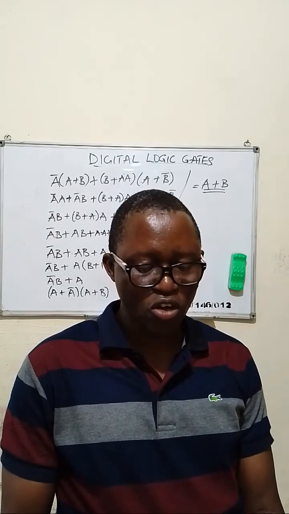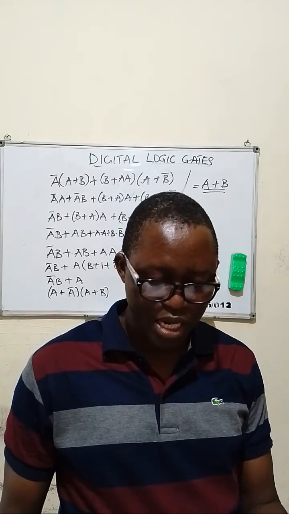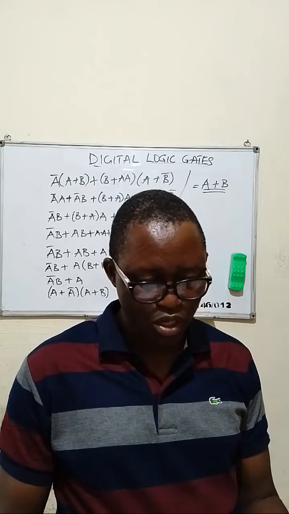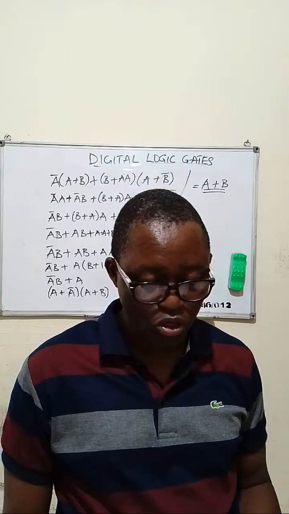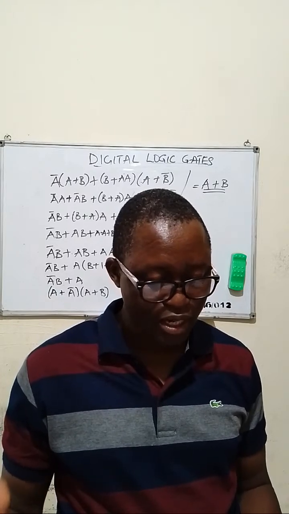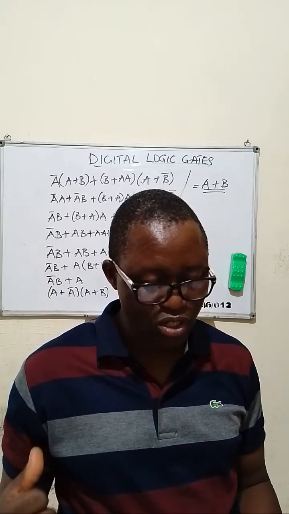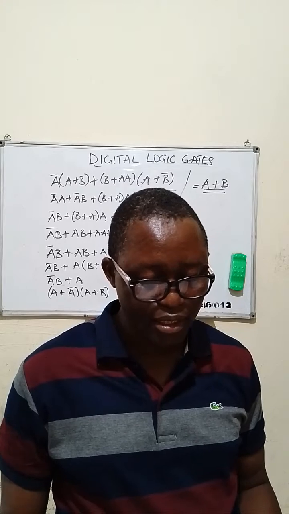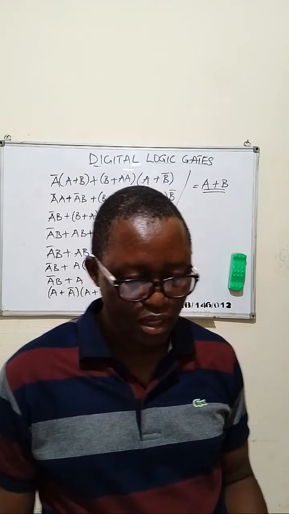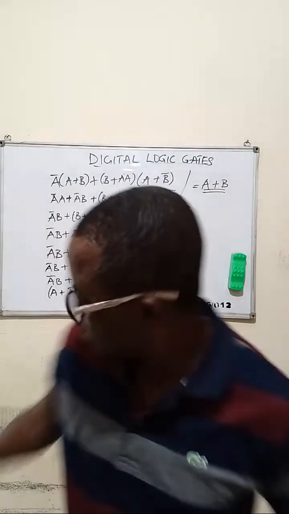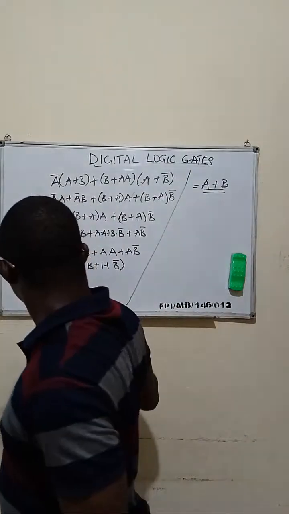It's not going to happen by magic. You need to familiarize yourself with those. If you check the laws, one of the laws states, and it's very interesting, that law is very useful when you are simplifying logic states. And that is it, the distributive laws. That is what we used from here to here.